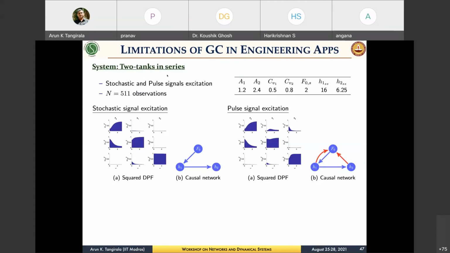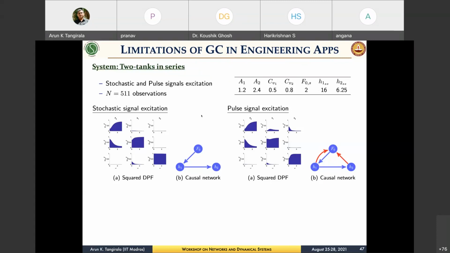The output of tank 1 is the input to tank 2. Okay, so that is the setup. And we introduce excitation in the inlet to the first tank. A1 and A2 are the cross-sectional areas. We assume cylindrical tanks. There are valves at the exits of each tank. These are valve coefficients. And the steady state values of the levels are given here. The steady state value of the inlet flow is given here.